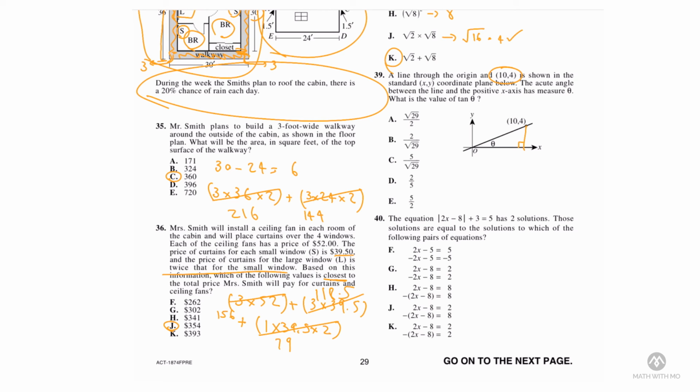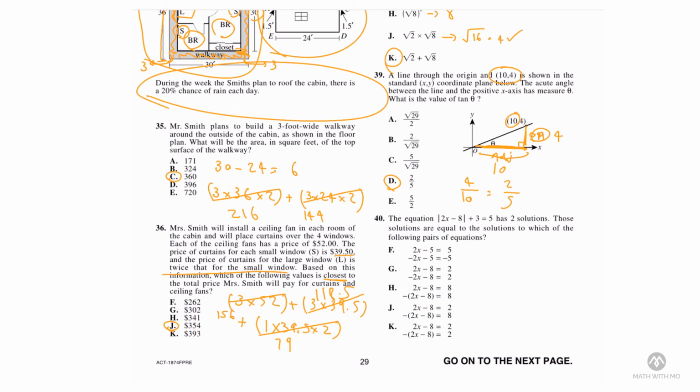So the tangent is opposite to adjacent. So this value divided by this value. Now 10 is the x value, which is this one here. So that's 10, and opposite is 4. Alright, so the tangent is 4 over 10, which is 2 over 5.